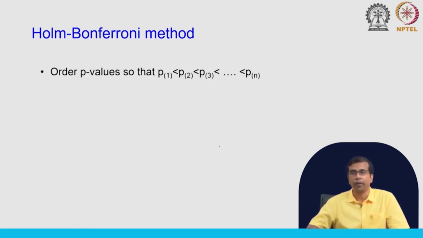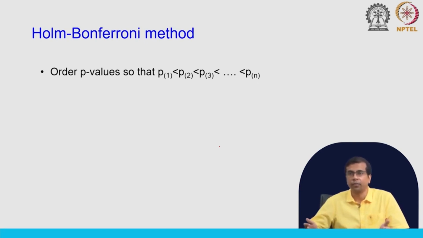Okay. So, we do not want type 1 error to increase. Okay. So, in this method, the first step is to order the p values. As you can see, I am writing p (1), p (2) within brackets, which means these are sorted p values. Okay. So, p (1) is less than p (2), less than p (3), and so on, and p (n) is the largest p value that we have from the statistical test.